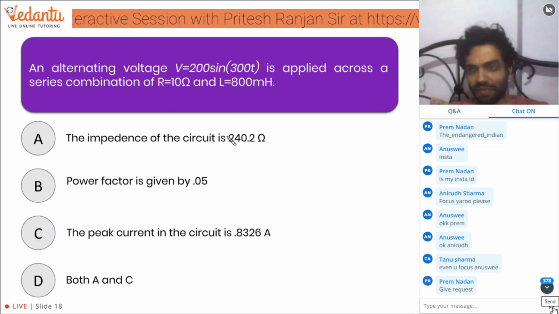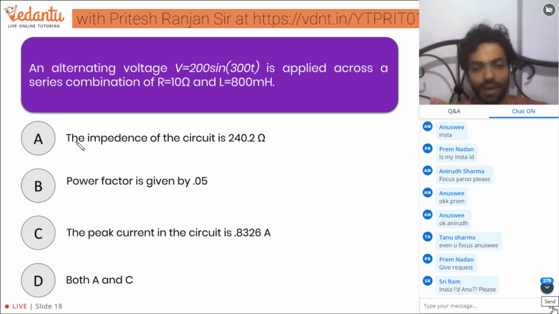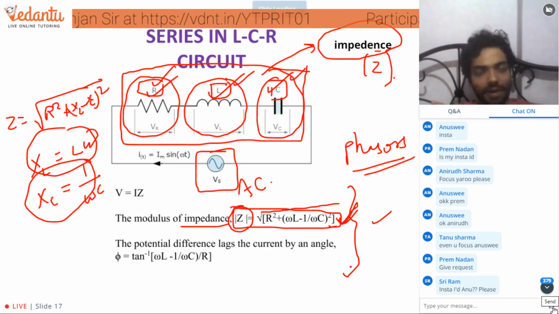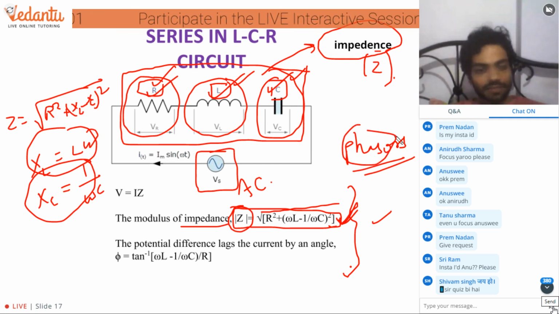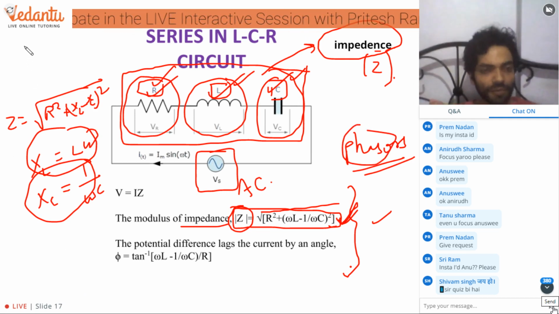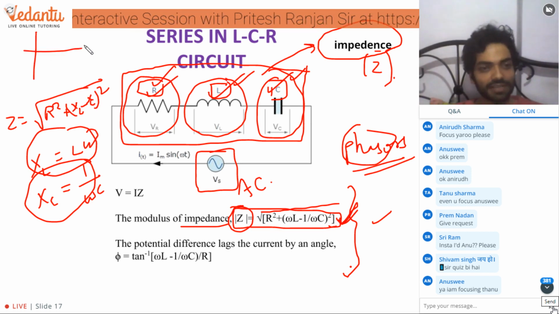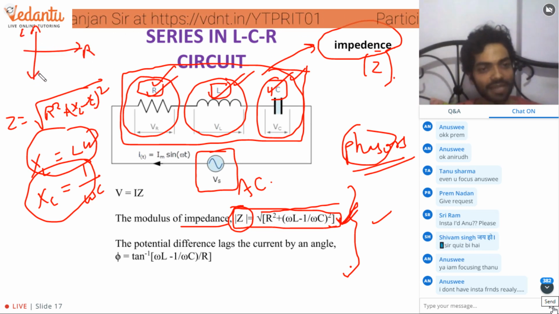Before we begin with these questions, let me quickly give you an approach to phasors. In the phasor diagram, guys, I'll be taking the resistance across this direction, inductance across this, and capacitance across this.